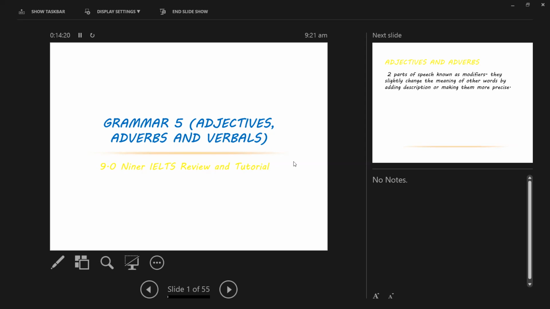Okay, in Grammar 5, we will be covering topics about adjectives, adverbs, and verbals. These are the three modifiers that we're going to be discussing this morning.